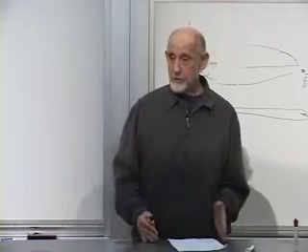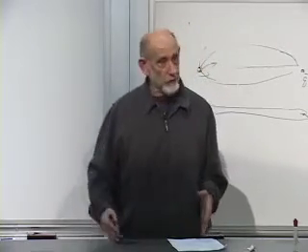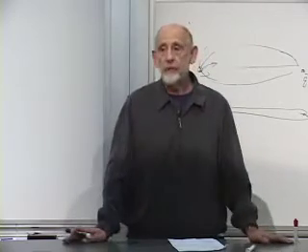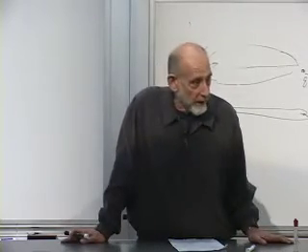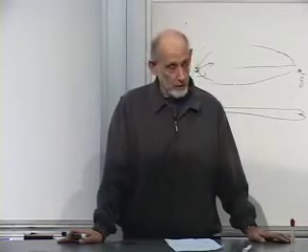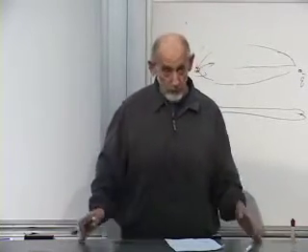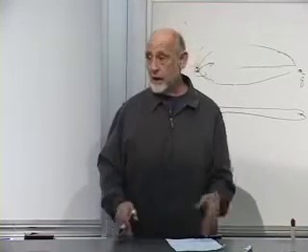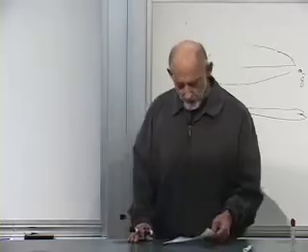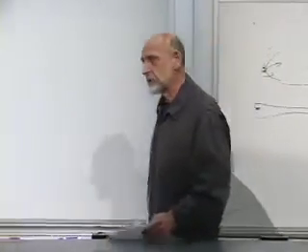Quantum chromodynamics is the theory of the strong interactions. The strong interactions was the word before quantum chromodynamics was invented for the interactions between subnuclear particles, between hadrons, between protons, neutrons, mesons, and all the things which are made of quarks and gluons. So it's the theory of strong interactions.